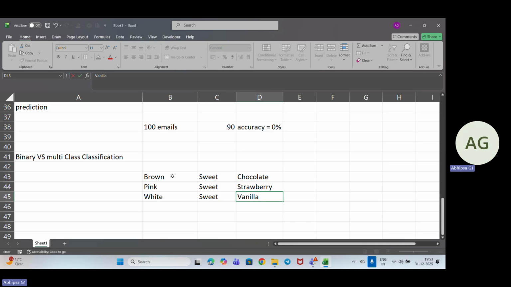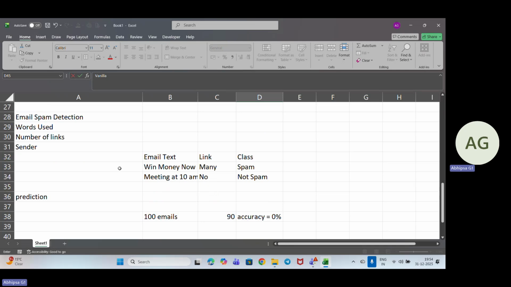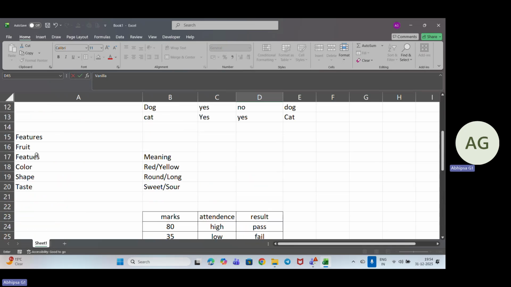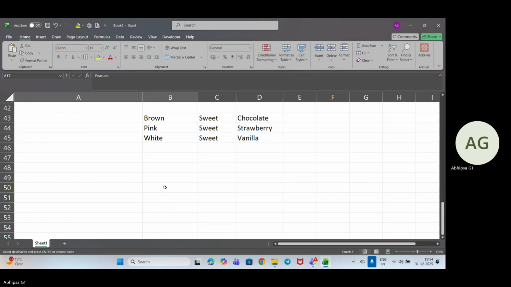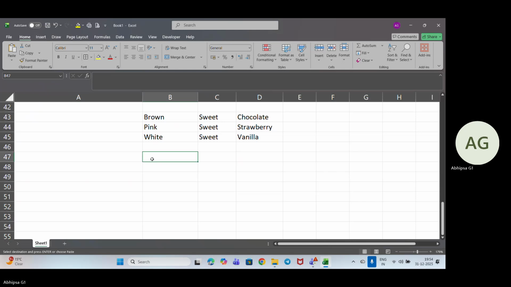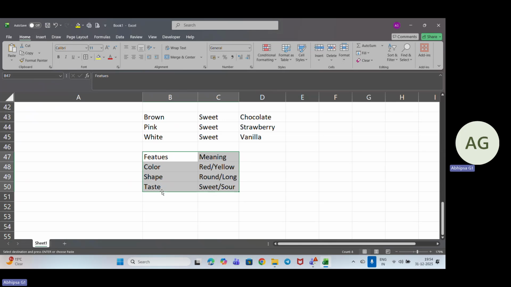Okay. Now coming to one prediction example. Suppose we take the example of fruit, which we have already taken. Yes, we can take this. So we have taken the features as color, shape, and taste.